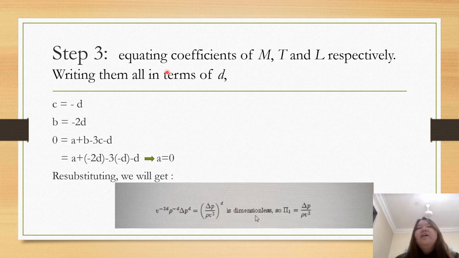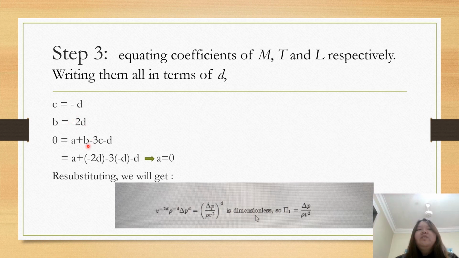So step 3, we know the relations already, so we have to equate coefficients of M, T, L respectively, writing them in terms of D. So from the relations we got just now, we get C equals -D, B equals -2D.